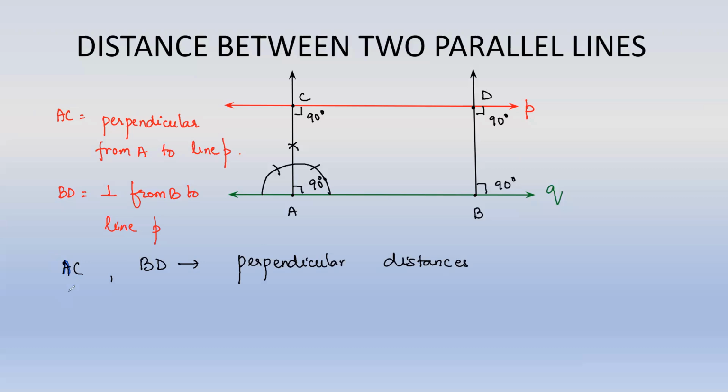So AC is the perpendicular distance from A to line P, and similarly BD is the perpendicular distance from B to line P.